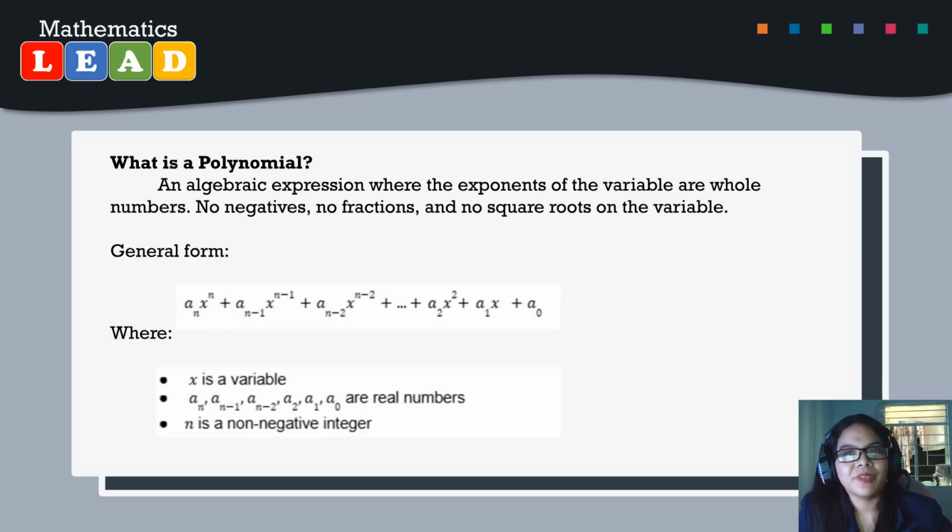What is a polynomial? A polynomial is an algebraic expression where the exponents of the variables are whole numbers. This means no negative exponents, no fractional exponents, and no square roots on the variable.